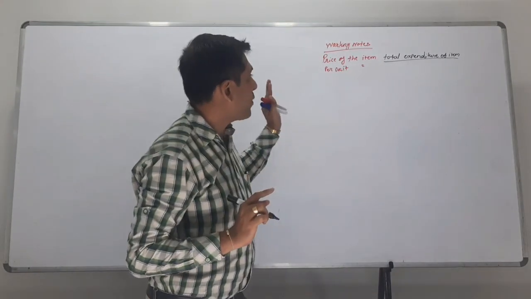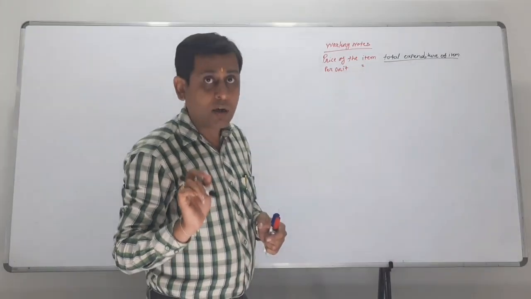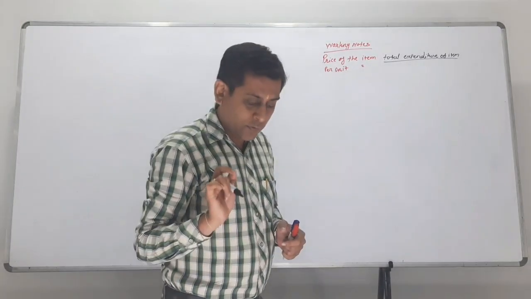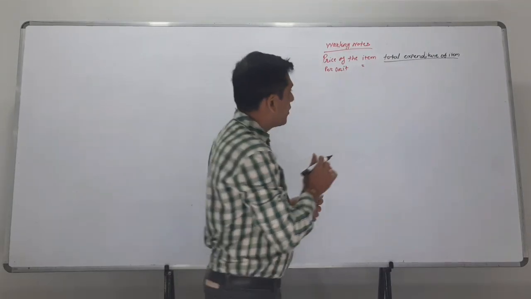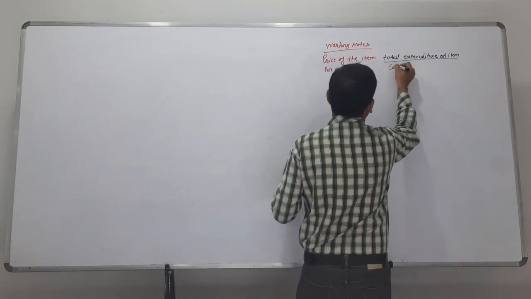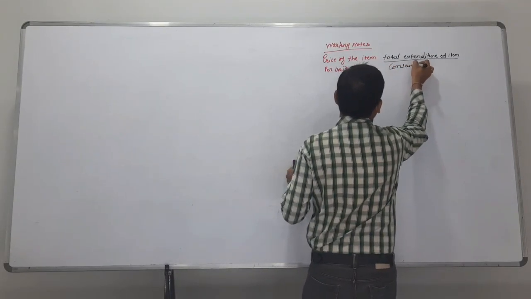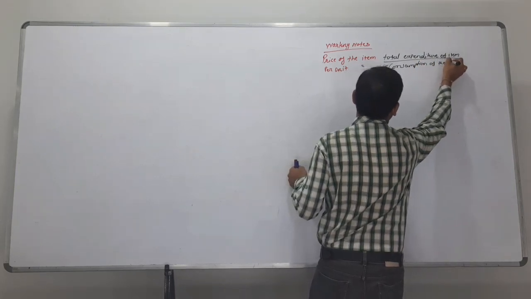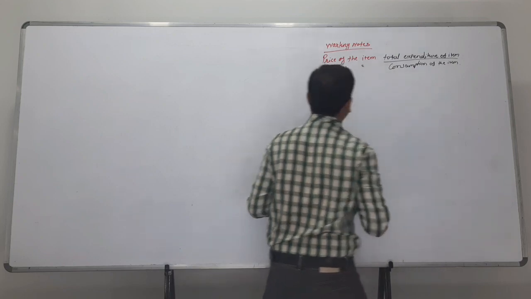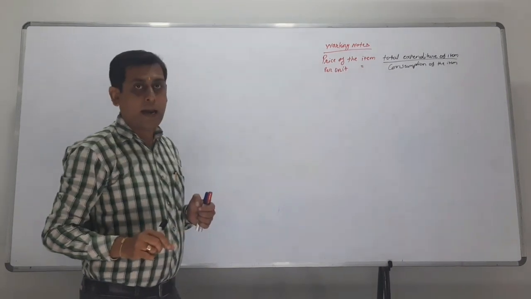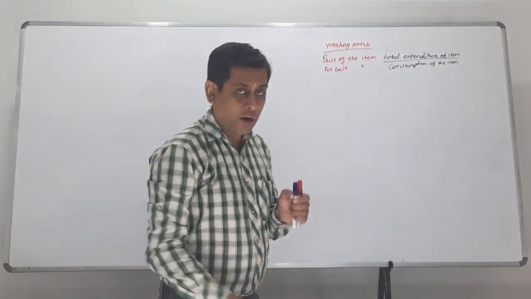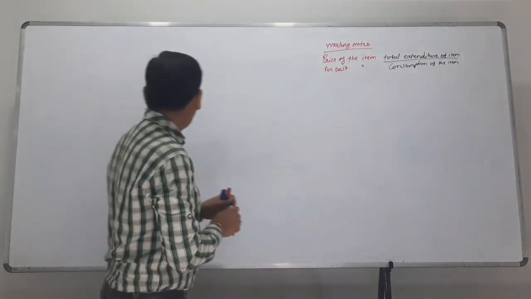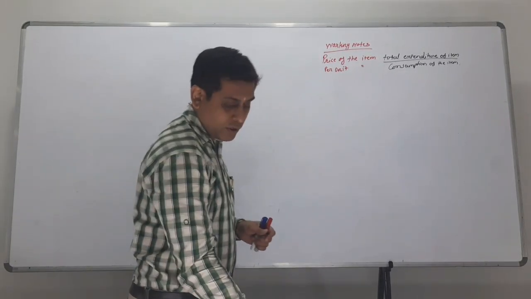For finding out price, we have to divide by consumption, or for finding out consumption, we have to divide total expenditure by the price, right? Consumption, or you can say quantity of the item. This is the formula, and we have to find out the price for each and every item. Now I am writing the question first.